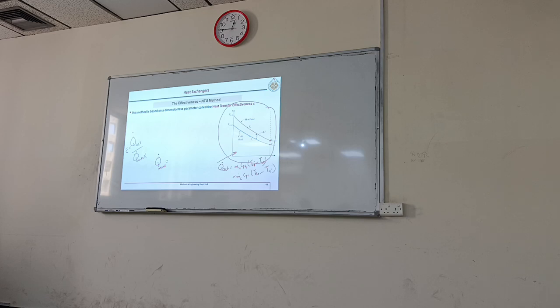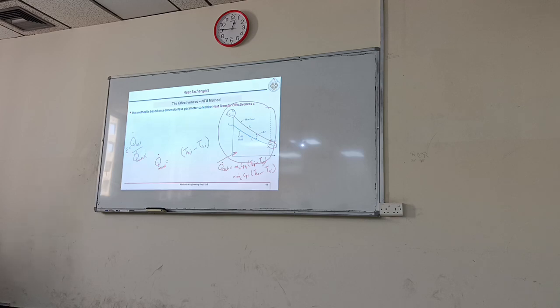So the maximum possible temperature difference which is available in any heat exchanger is THI minus TCI. That is the maximum possible temperature difference we can think of.